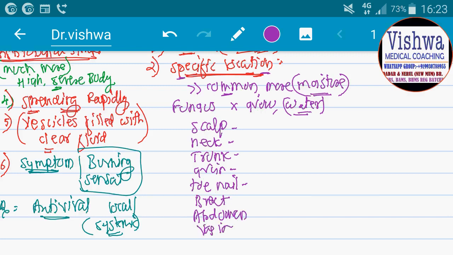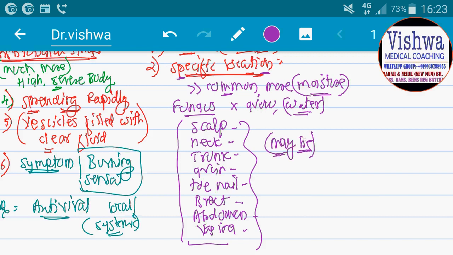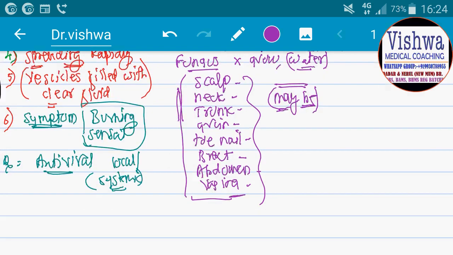Again in the vagina, because all these places have moisture. So if you have some lesion in these locations, it may be fungal. I am not saying 100%, again, maybe. The reason behind maybe is that in these locations bacterial infections can also be there, and especially if it is recurrent, then you may think about a fungal infection more commonly.